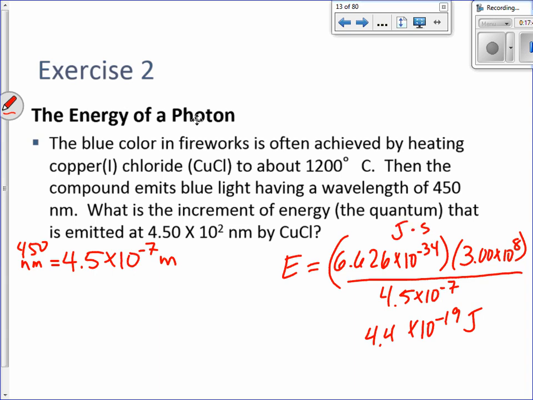Seconds will cancel, the meters will cancel. You could do all of the unit canceling here. Okay? And we end up getting 4.4 times 10 to the minus 19 joules. Actually, just need one more sig fig because I see it here now. It has 3, so we would add on the 2, make it a 2 there.